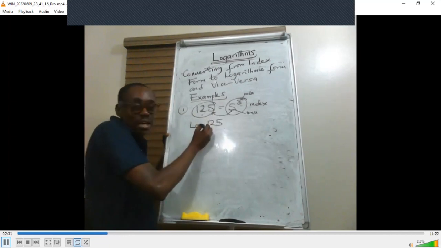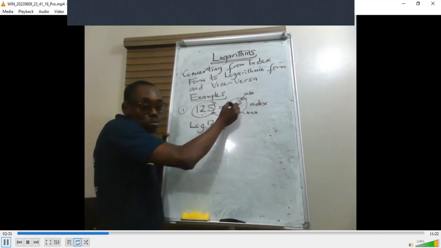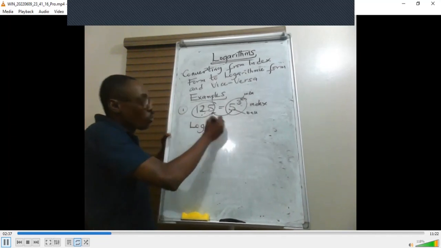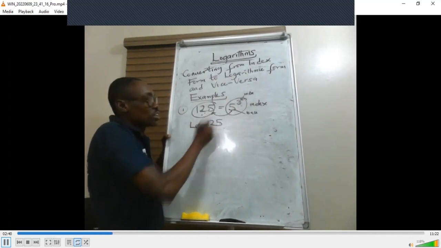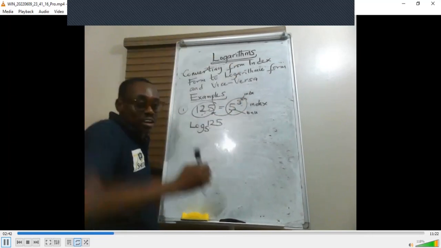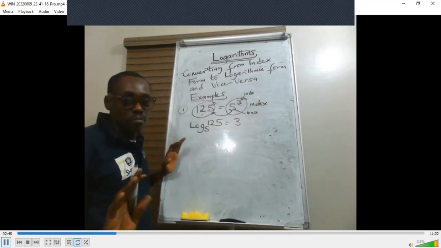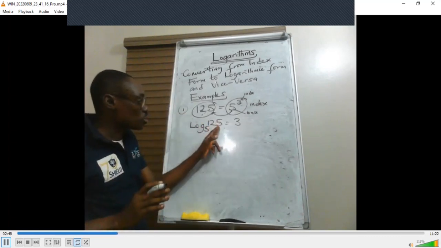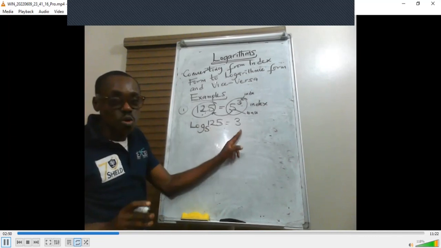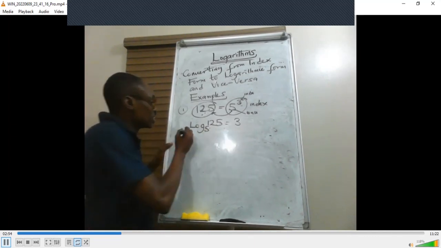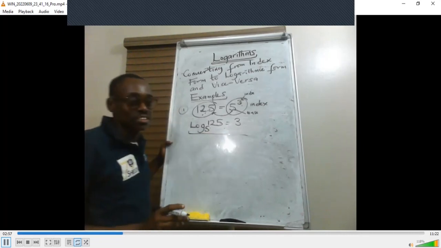So it will now become the base of the log. So you bring the 5 here, and you have log 125 to base 5. This 3 will now drop down and stand on its own, equals 3. Log 125 to base 5 equals 3. So this is your final answer.